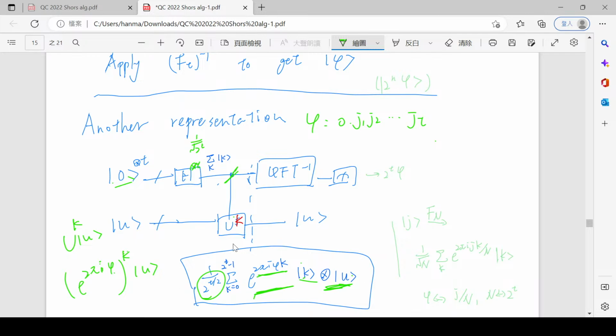So this is the state that you get after you apply this T-bit controlled u.